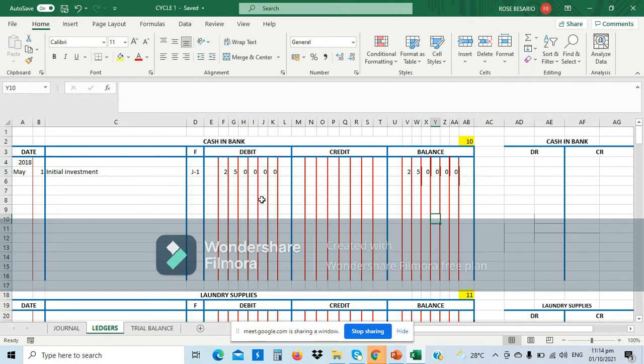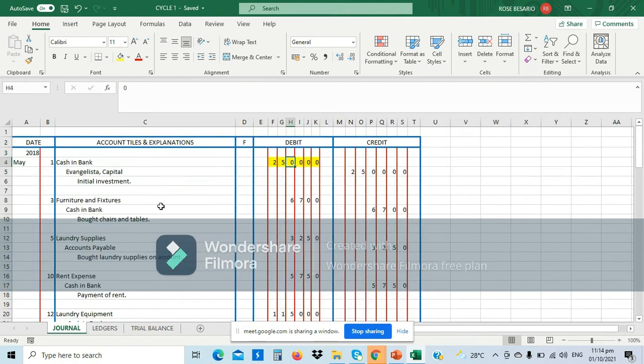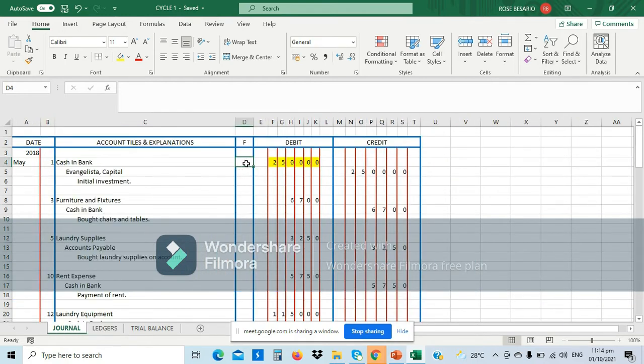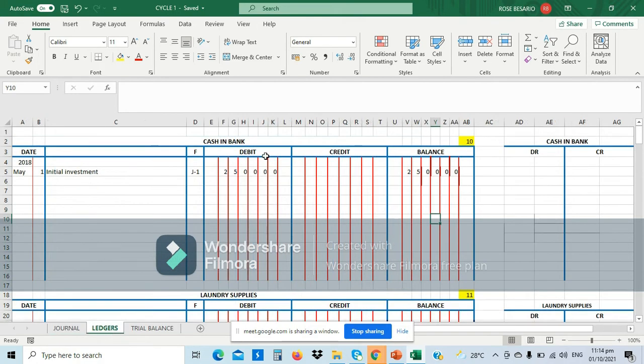And then in the journal, I also have to place in the folio column, take note, I am posting it in ledger number 10. This is now my code, or account number. So in the journal, I will also place under the folio column L-10. What does it mean? It means that this entry was posted to ledger page 10, and that will be our cash in bank account or cash in bank ledger.